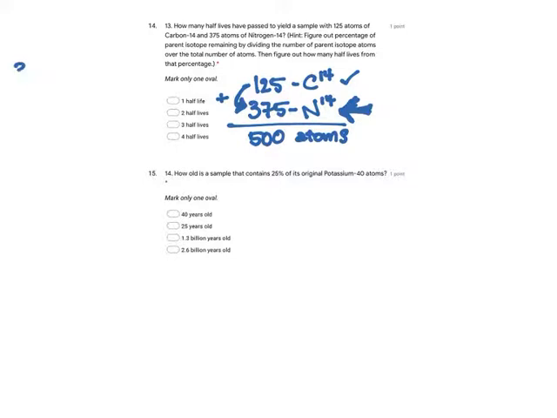We do that by taking our 375, dividing it by the total number of atoms, which is 500, and then multiplying that by 100 in order to convert it into a percent. So on your calculator, do 375 divided by 500 and then multiply that by 100. You should get 75%.